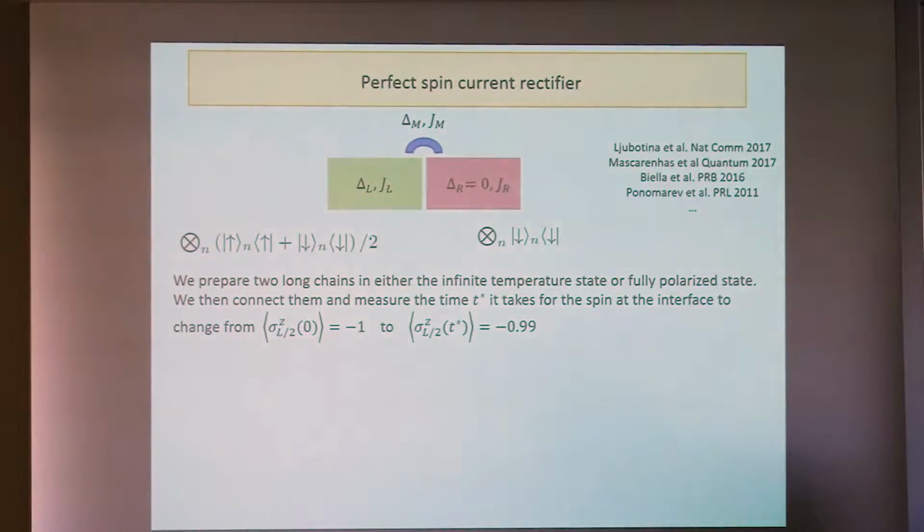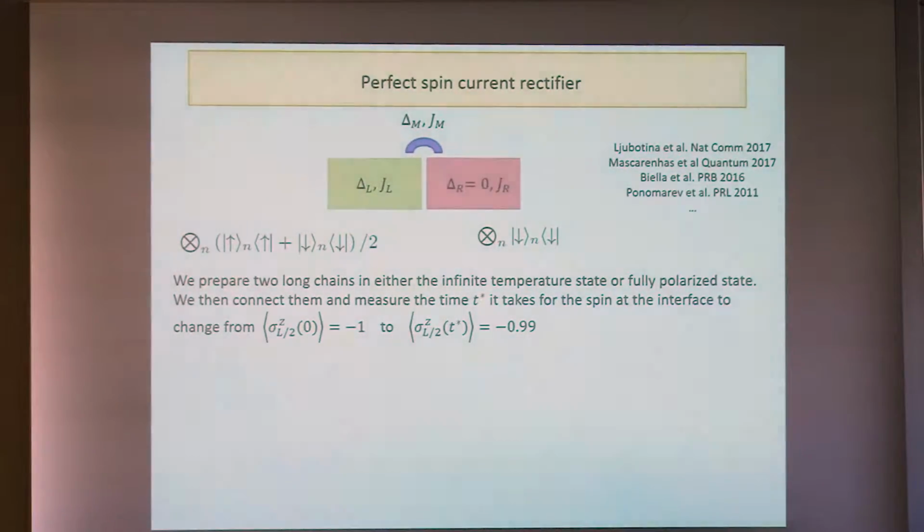Okay, so another way to look at this, and also to show that it doesn't depend on the fact that we model this with Lindblad baths, is that we prepare the system here in the infinite temperature state and here fully polarized, or the other way around. And we look at the time that it takes for one spin at the interface to change its value by 1%.